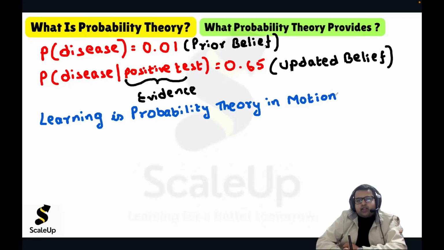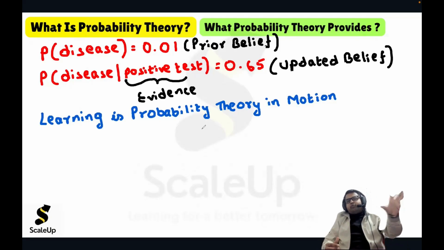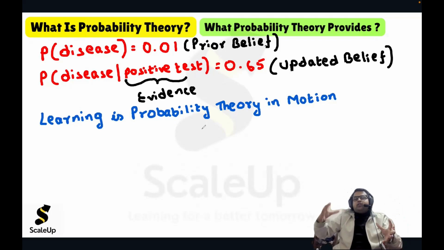When we are learning, we already have some prior belief, and with the emergence of new evidence, we are updating those beliefs. And how are we updating those beliefs? Using systematic rules which fall under probability theory. So learning is probability theory in motion.